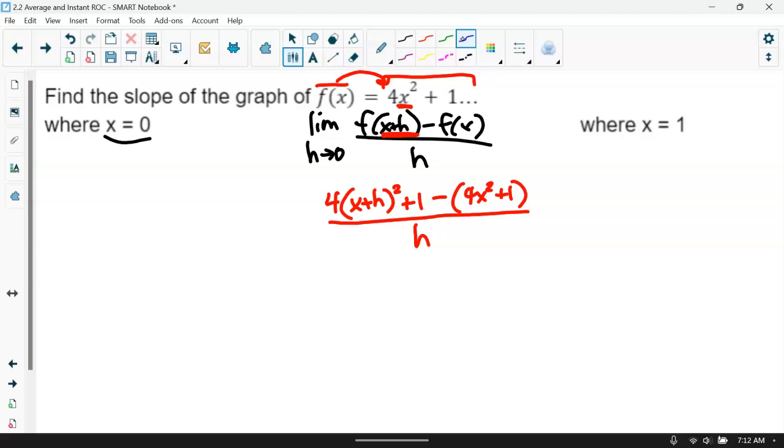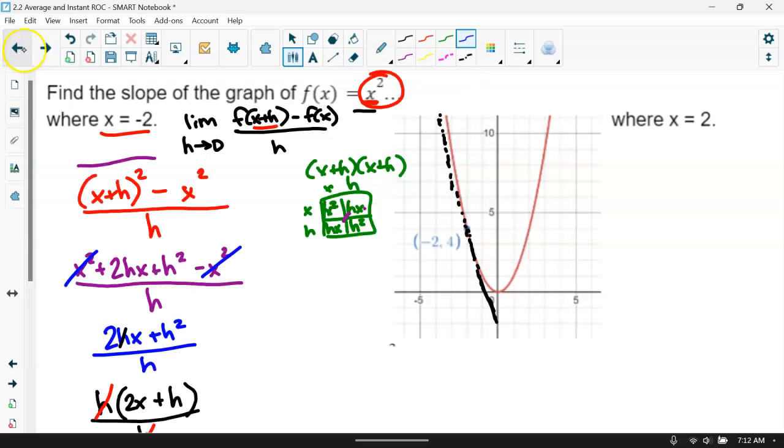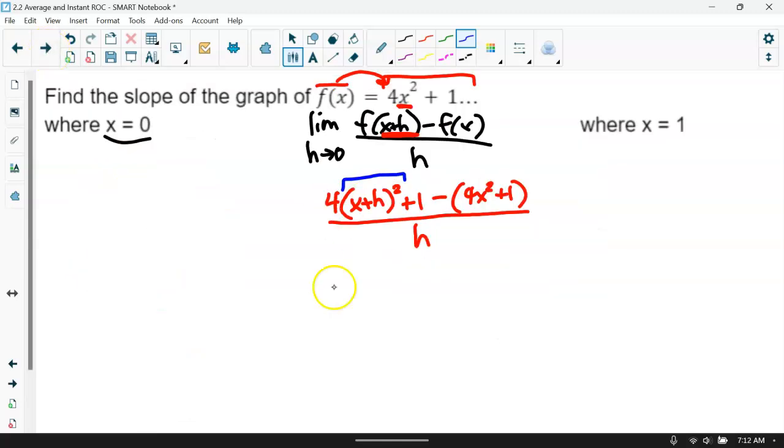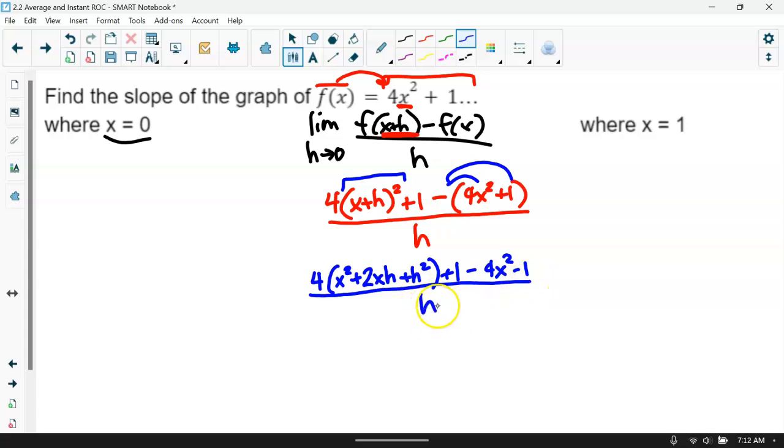We actually just did that: x plus h times x plus h. So here we've got 4 times x squared plus 2xh plus h squared plus 1. Now we're subtracting, so distribute the negatives. So minus 4x squared minus 1 all over h.